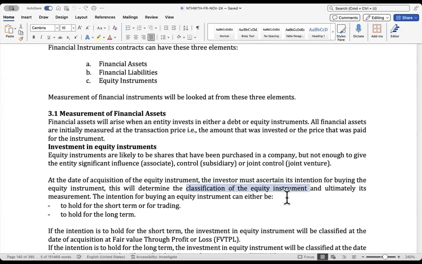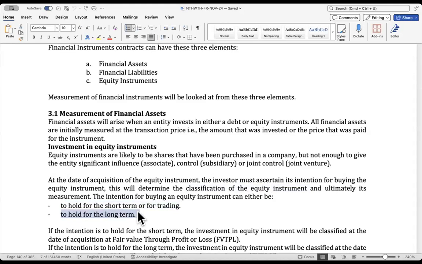So when you buy shares, generally, the reason almost everybody will buy shares is either to hold it for short term or trading, or to hold it for long term.